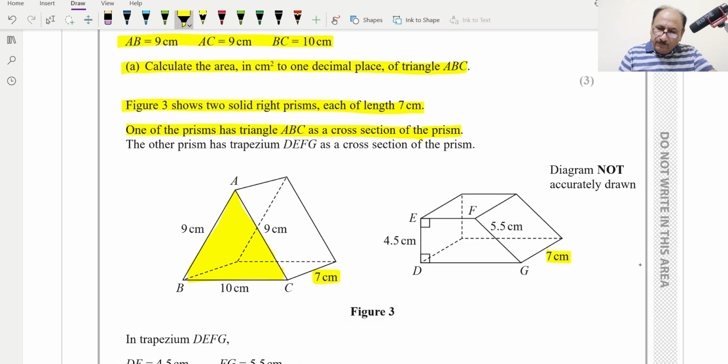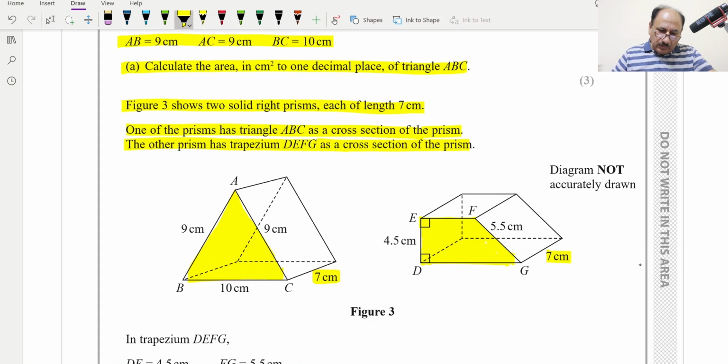This one, and the other prism has trapezium DEFG as its cross section. So the cross section of the prism will be the cross sectional area of the prism, and we can consider this one.